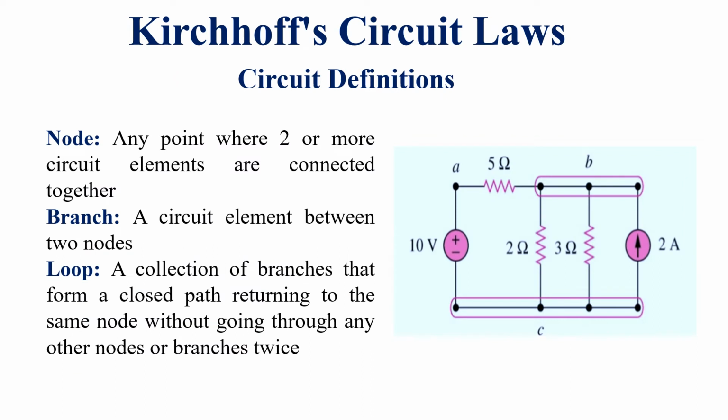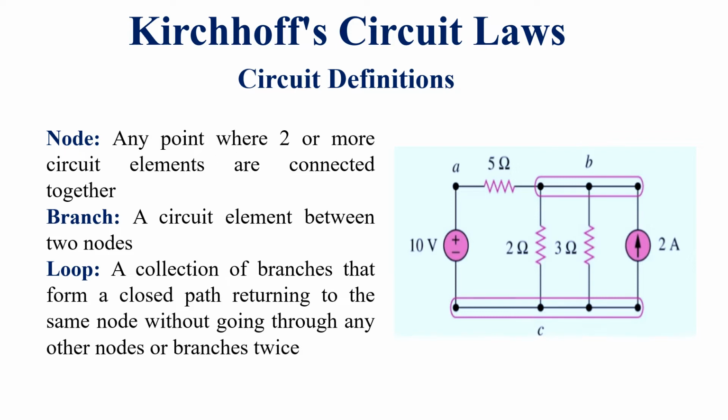So before moving towards the basic concept of Kirchhoff's circuit laws, we have to look at the basic circuit definitions. Firstly, we have node. Node is basically any point in the circuit where two or more circuit elements are connected together. Like if we see in this diagram, resistor 1, 5 ohm resistance basically is connected to 2 ohms resistance.